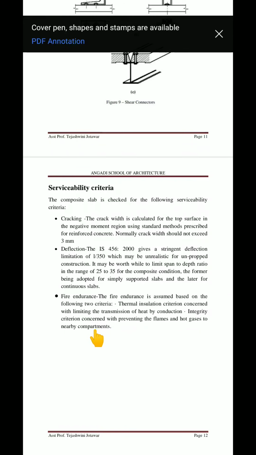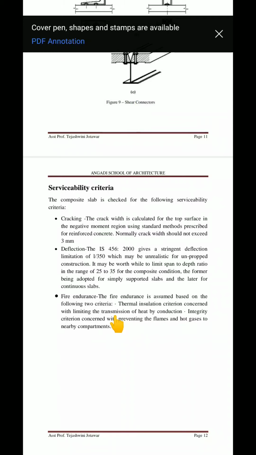The concrete layer should be sufficiently thick to resist a fire in terms of heat and flames, so that it does not allow the steel member to melt. Again for fire resistance there is a criteria given in IS 456 which specifies what should be the thickness of a slab.